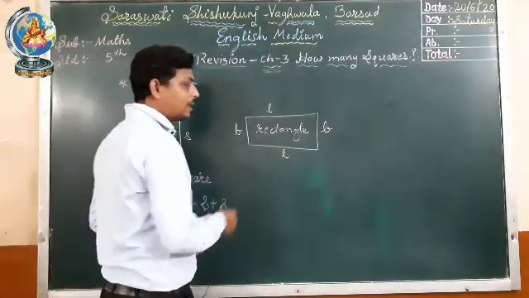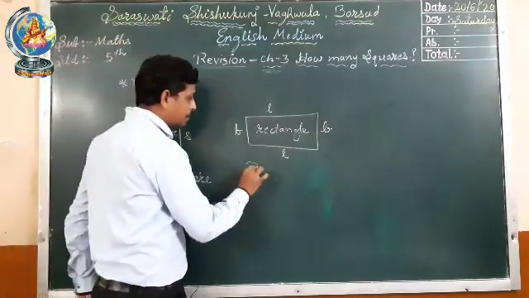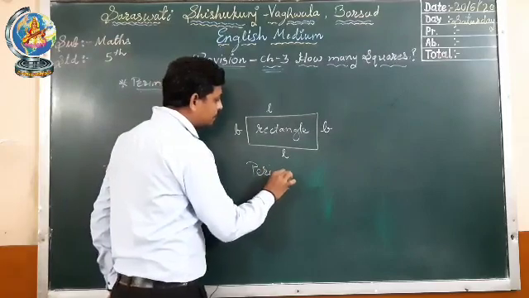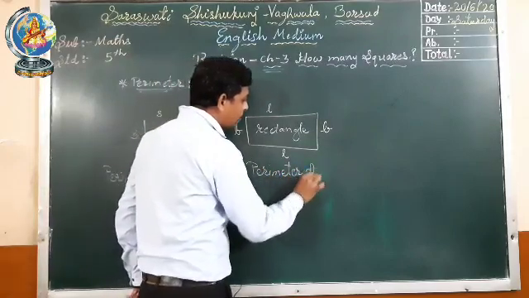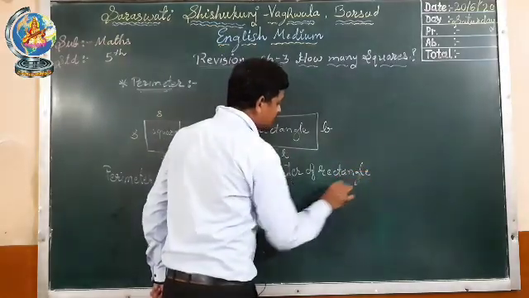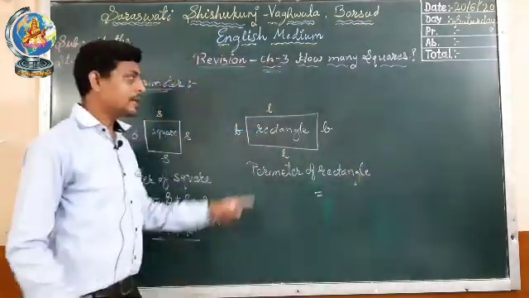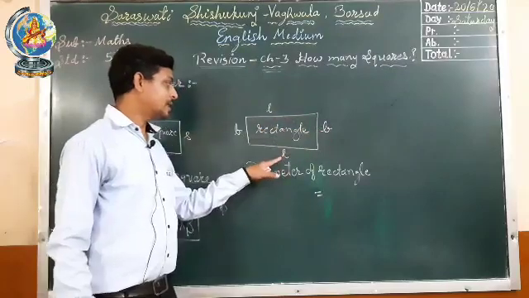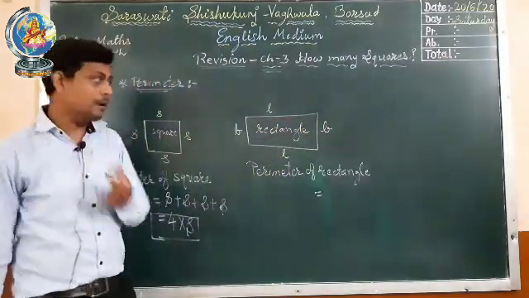Now we will move on to perimeter of rectangle. Perimeter of rectangle is equal to, here also you can say length plus breadth plus length plus breadth, means we have to add the boundaries.